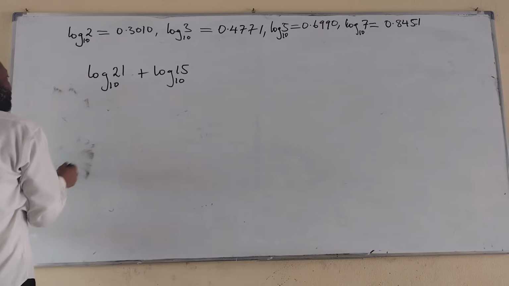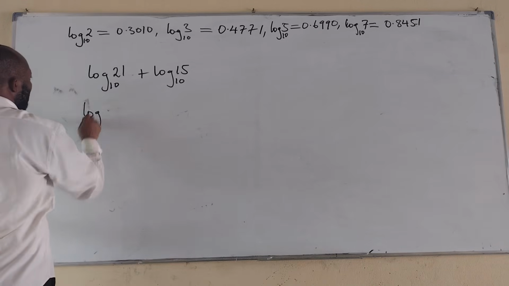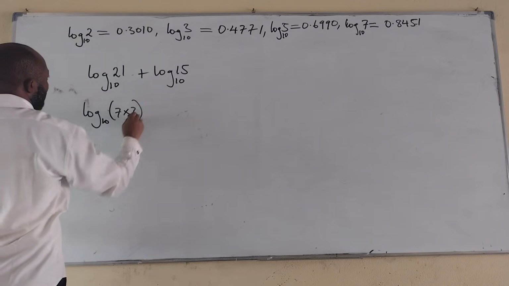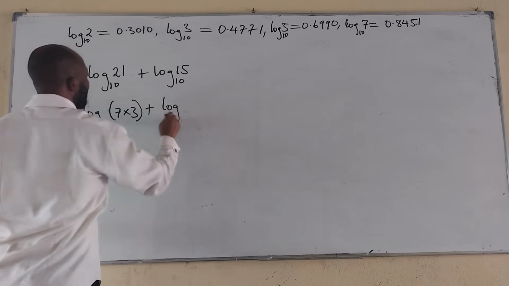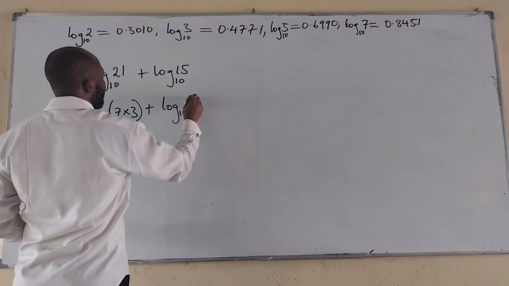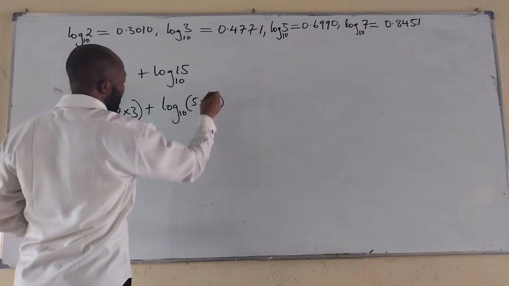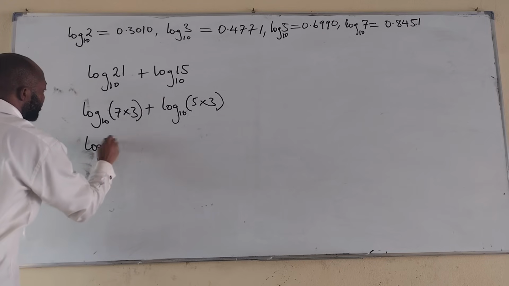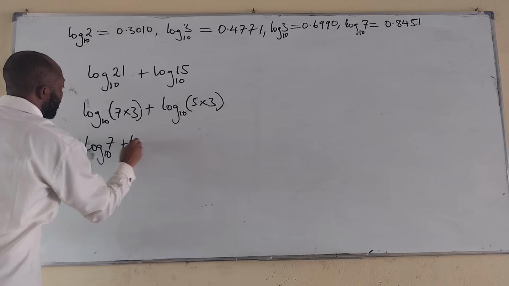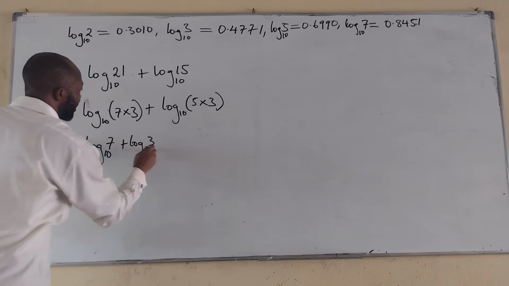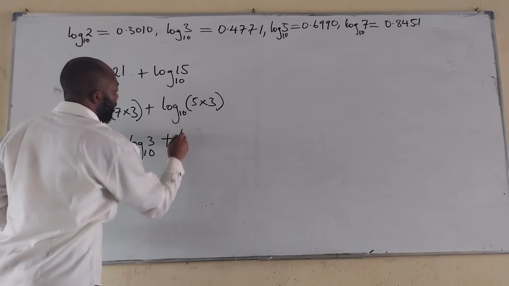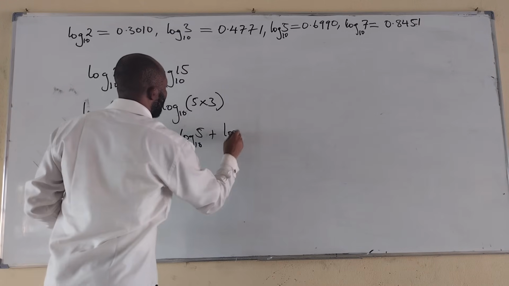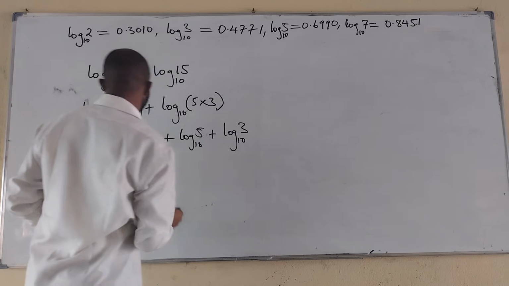Log 21 is the same thing as log in base 10 of 7 times 3, plus log in base 10 of 5 times 3, which gives us 15. So this is log 7 plus log 3 plus log 5 plus log 3, all in base 10.